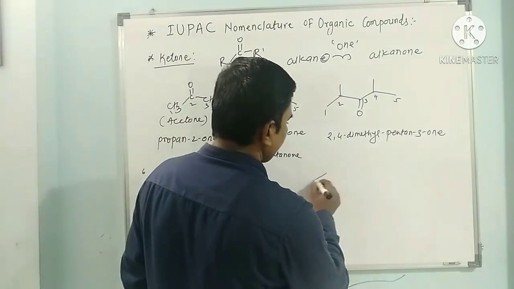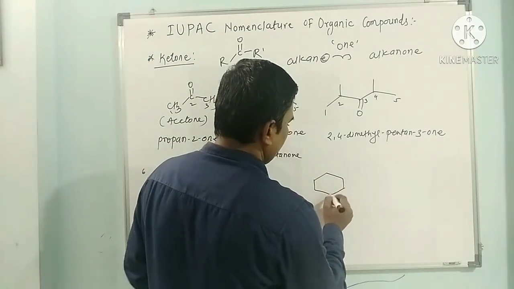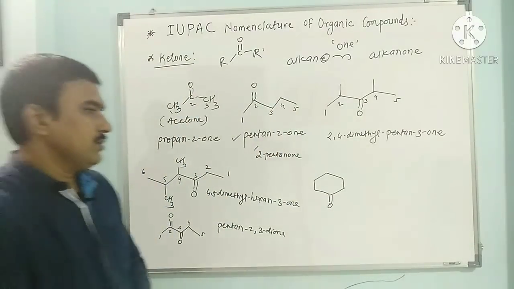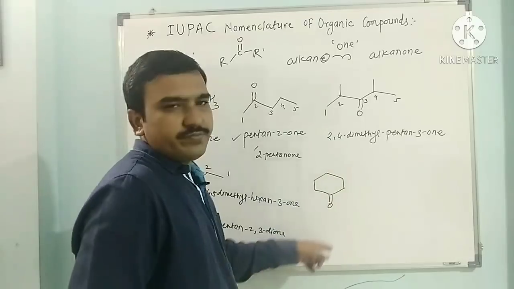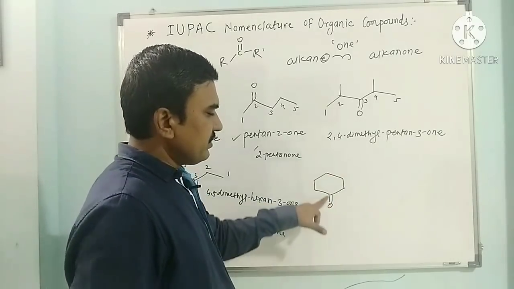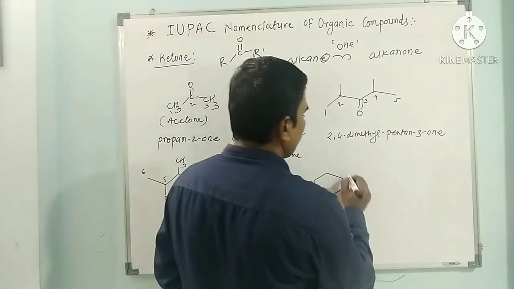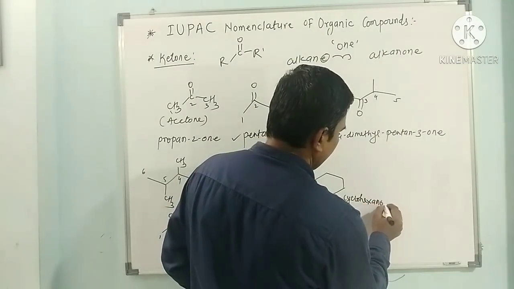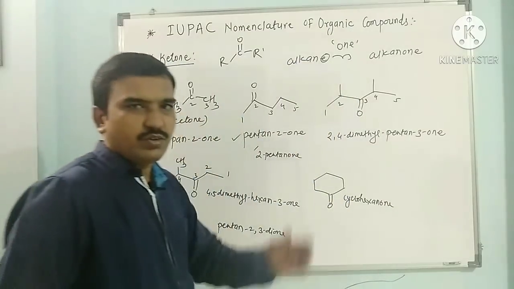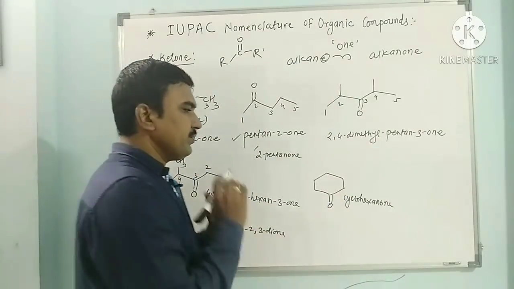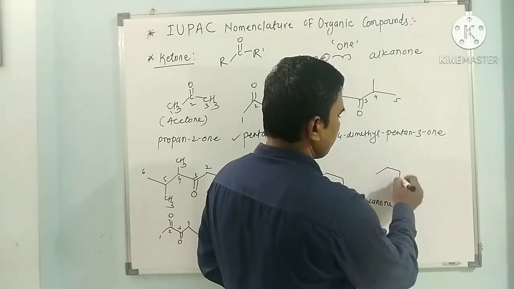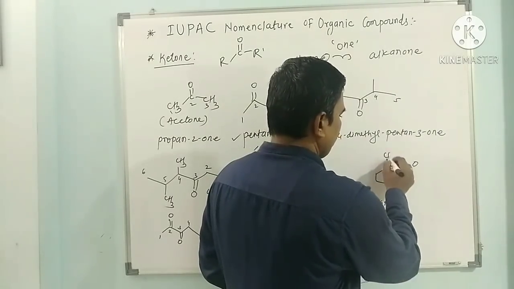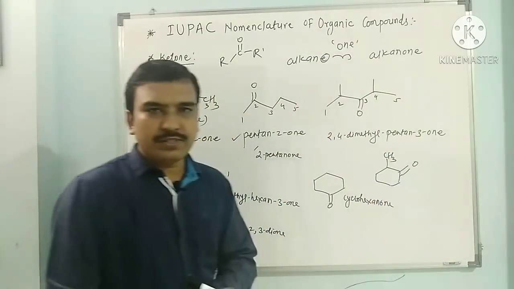If we have a cyclic compound such as this one, cyclohexanone. This is cyclohexane system having carbonyl group. So it is simply named as cyclohexanone. If we have substituents here in this cyclohexanone, means here we have this methyl, then which carbon is first one?